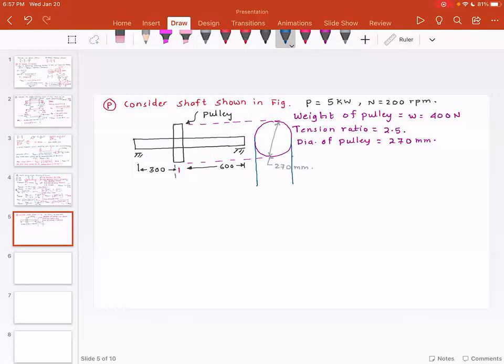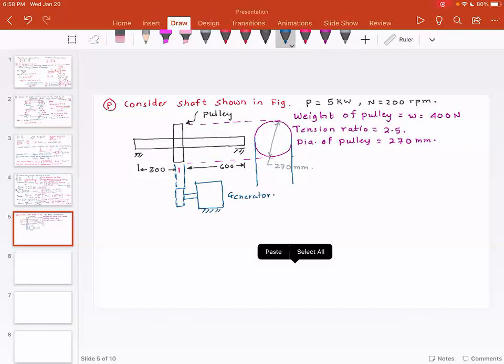Think of this as a belt attached to maybe some sort of a generator. So you have the shaft, this pulley, and a belt. Imagine this is a similar type of belt that you have in your cars, and that belt is driving a generator.